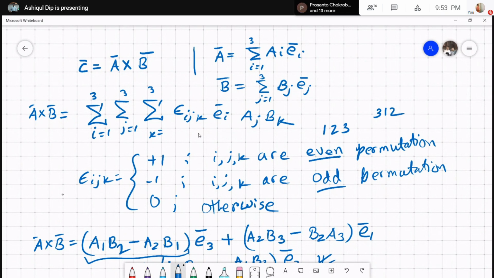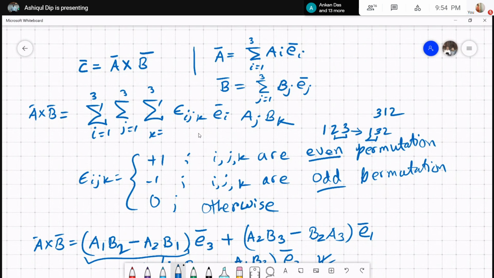You need 2 actually. You switch 2 and 3 and it becomes 1, 3, 2, and then you switch between 1 and 3. That gives you 3, 1, 2. So you need an even number of switchings from the initial 1, 2, 3. For odd permutation, you need an odd number of switchings. For example, to get 1, 3, 2, you needed 1 switching.